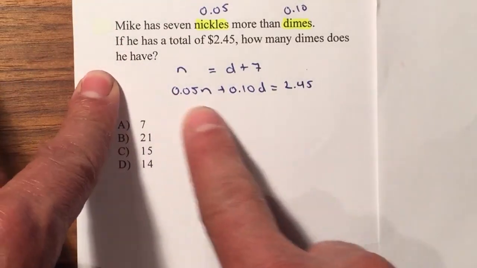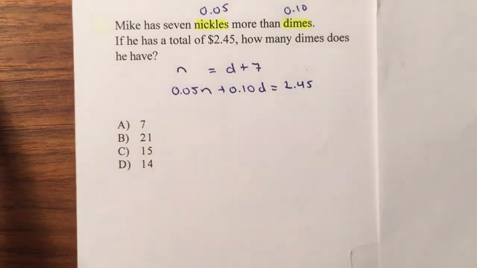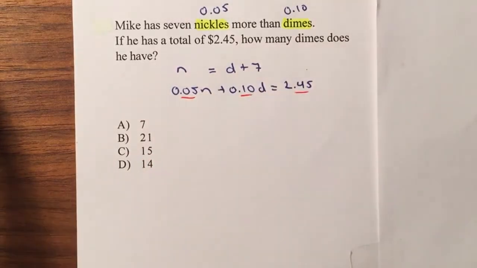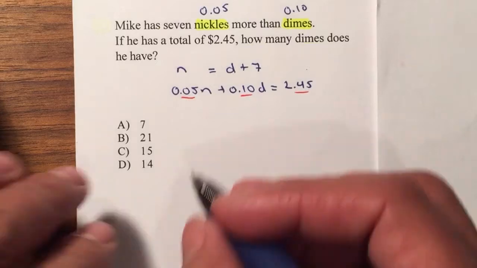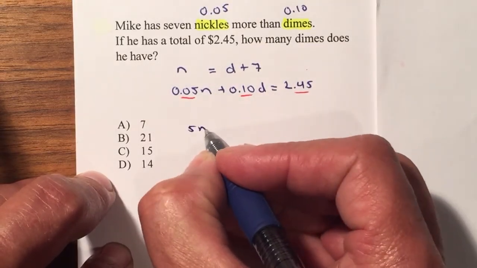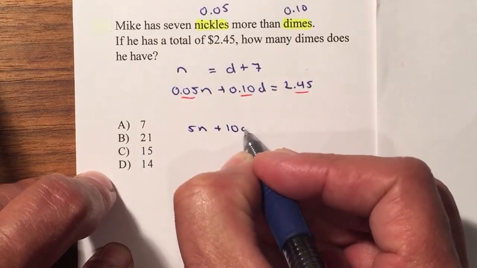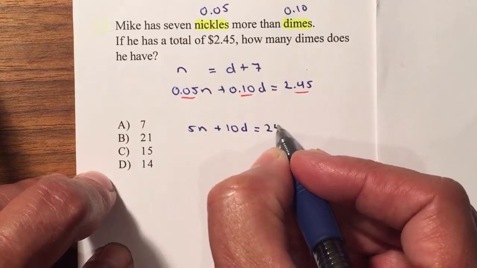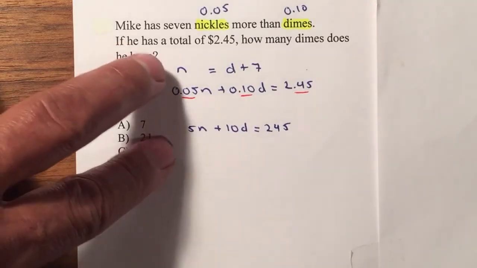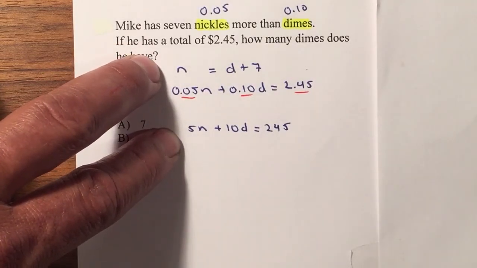Now I prefer to work with whole numbers, and since we know that there are 2 decimal places for each one, we can just multiply by 100 or move the decimal twice to the right. So therefore that gives you 5N plus 10D equal to 245. And you can solve the equations by combination or substitution.